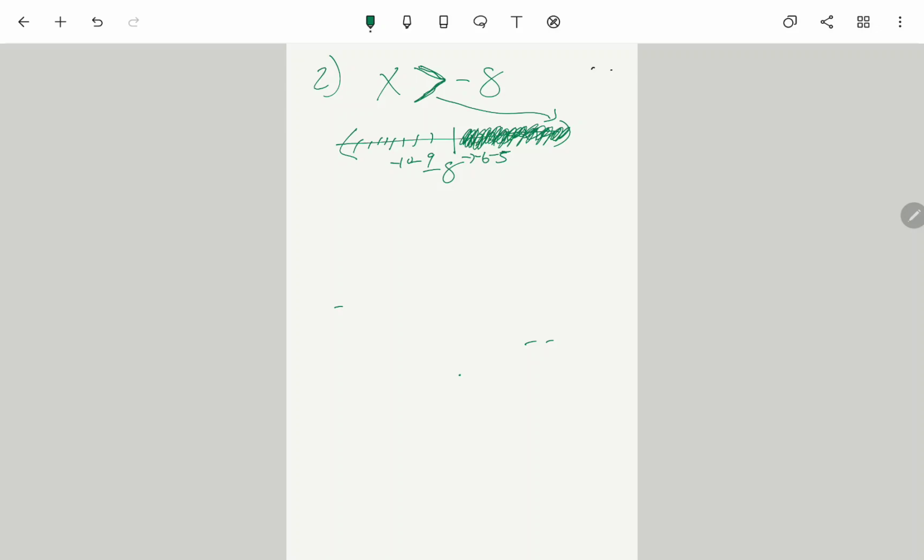So now it's an open circle. Now the rest: interval notation again. The first point is negative 8. Now it's a parenthesis because it's an open circle, comma, infinite numbers.